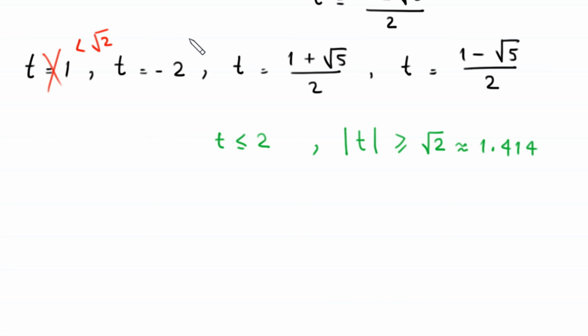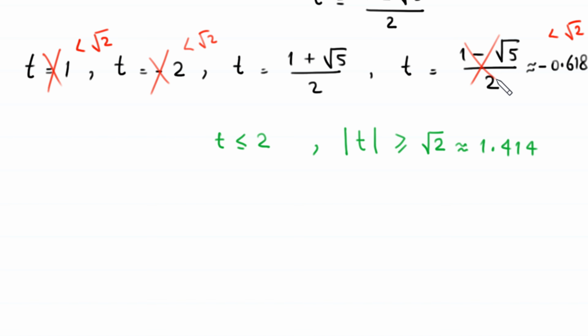This negative 2 is less than root 2. This also will be rejected. And this 1 minus root 5 over 2 is approximately equal to negative 0.618. So this is also less than root 2.